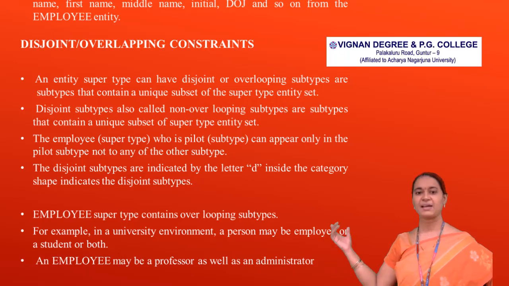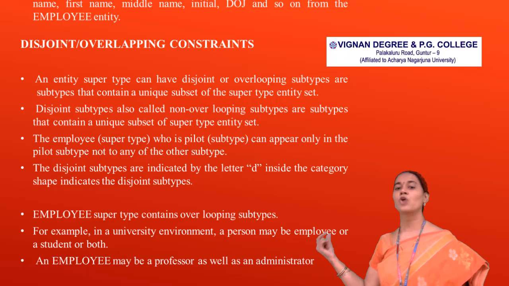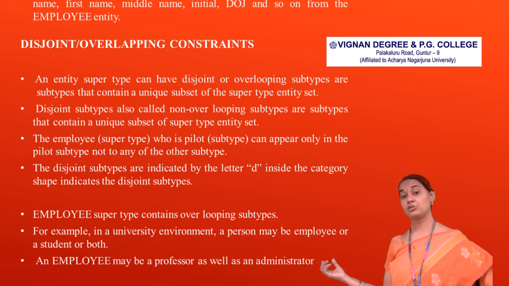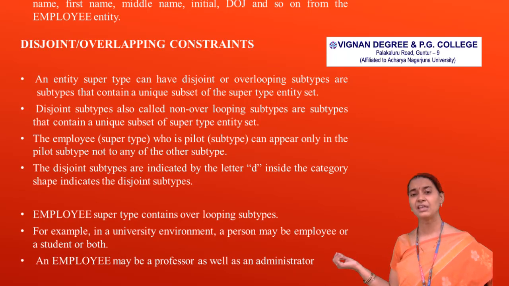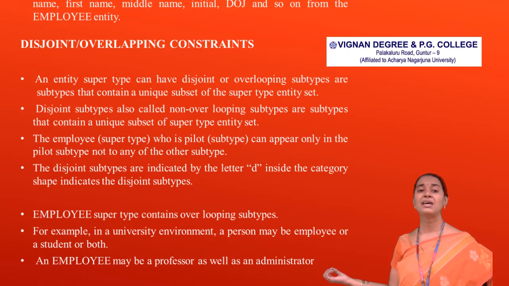One person who is an employee in the university can be a student as well as an employee. As he is working in the university, he can do his job, and if required, he can join a course and also become a student.